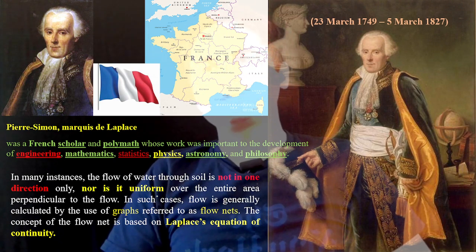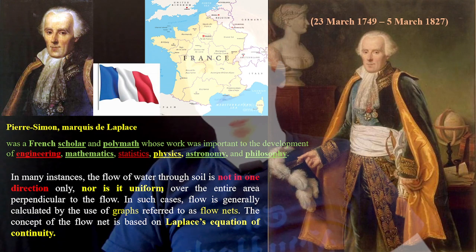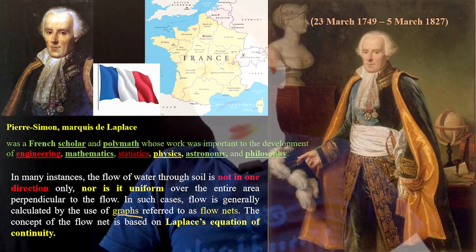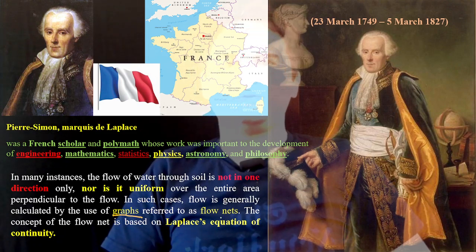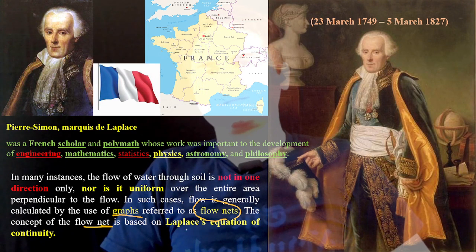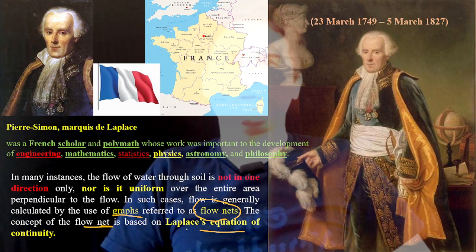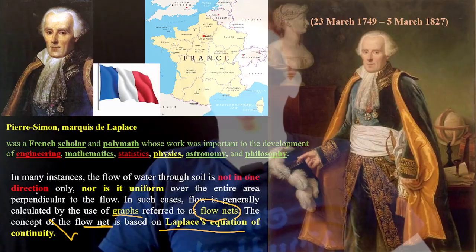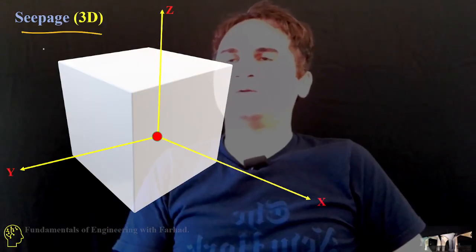And also most of the time we're not working with uniform flow, so the only way to solve it is to use the graph solution to create flow nets. The concept of flow nets is based on one of Laplace's works, the Laplace continuity equation. So let's see how that goes.